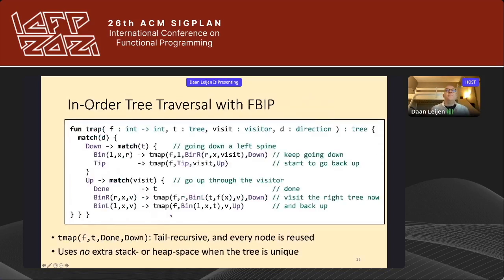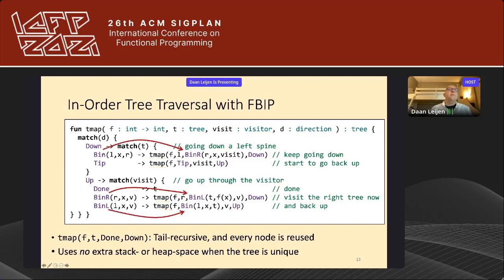And now we can define an in-order traversal that takes the initial direction, which will be down the tree with an empty visitor. And then we look at the direction. While we're going down a left spine, and we see a bin node, oh, actually, one thing to note is that all calls are tail recursive, so we don't use stack space.